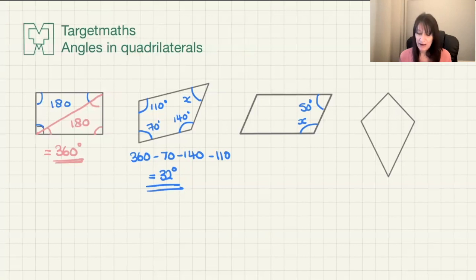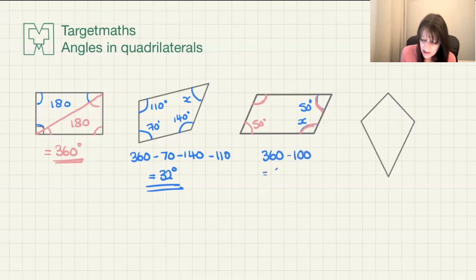Now, in a parallelogram, the opposite angles are equal. So if this angle here is 50, then this angle here has to be 50. If this angle here is a value I don't know currently, X, then this angle here is the same size. So I can use this additional knowledge of a parallelogram, take away what I know. 2 50s are 100.